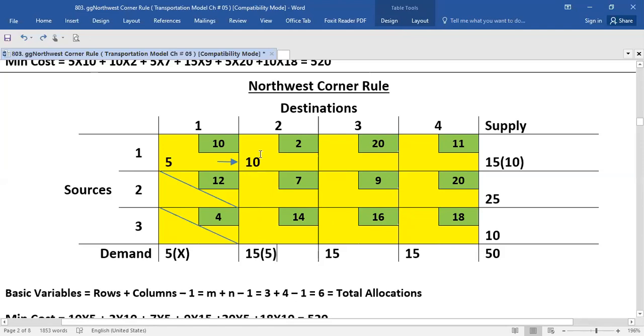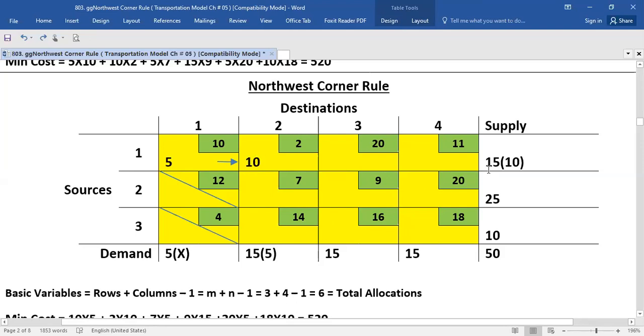5 demand will be remaining after the deduction. If you subtract this 10 from 15, you are left with 5, and you will put 5 in front of 15 in the bracket. The value in the bracket indicates that there is 5 demand remaining.